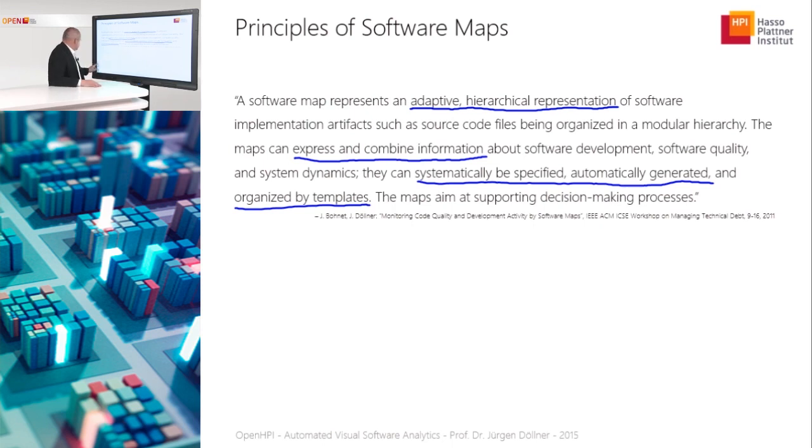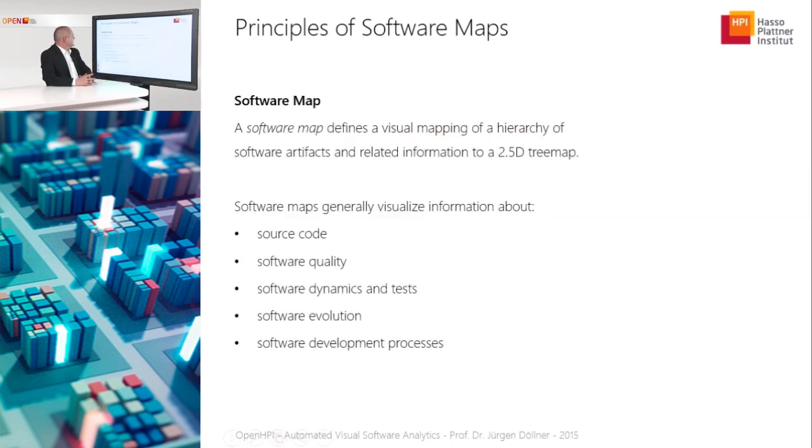Now let's go on, and we would like to have a formal definition. Here it is. A software map defines a visual mapping of a hierarchy of software artifacts and related information to a 2.5-dimensional tree map. There's related information mentioned. What does this practically mean?